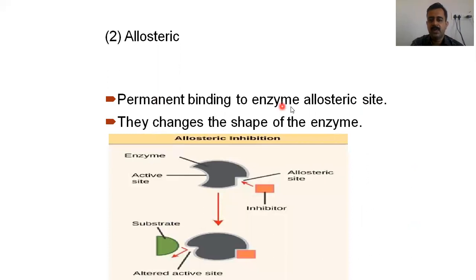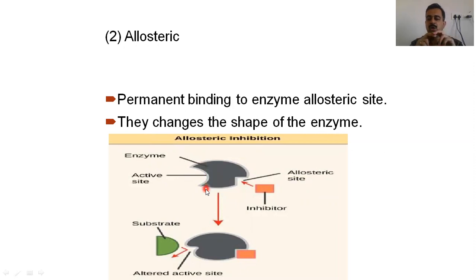Allosteric: permanent binding to the enzyme's allosteric site. Other than the catalytic site, there is another site called the allosteric site. See here, this is the active site of the enzyme and this is the allosteric site. Once the inhibitor binds to the allosteric site, it will modify the active site of the enzyme.